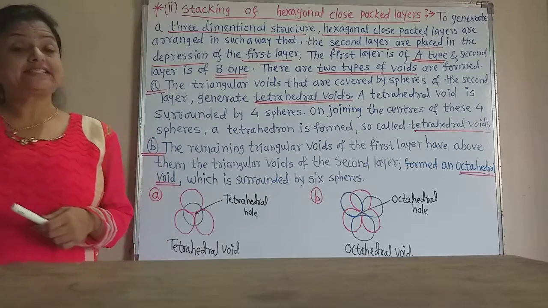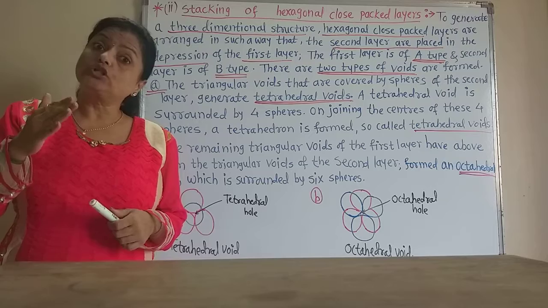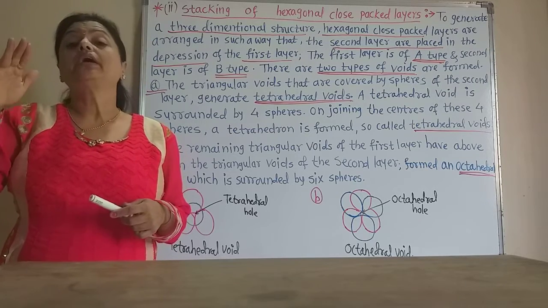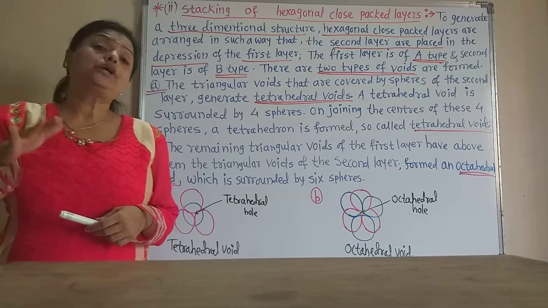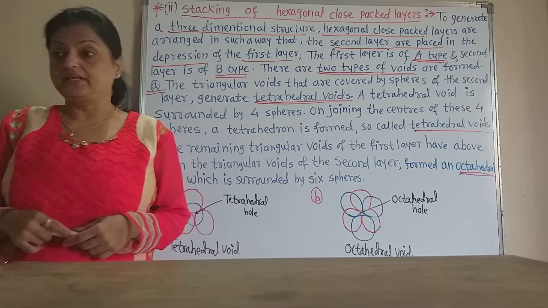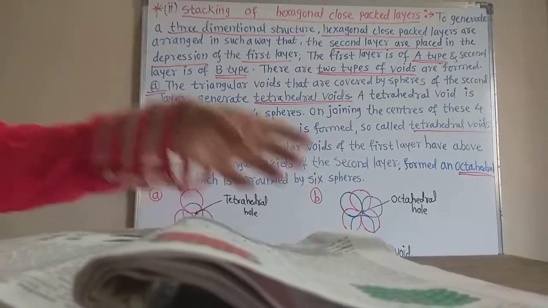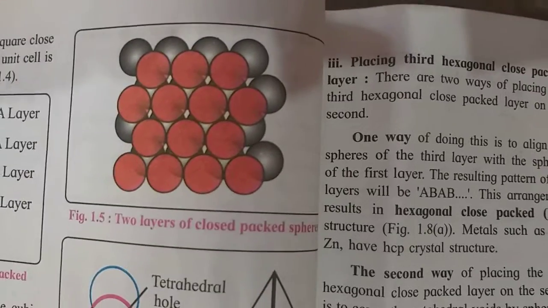Let us first see how the second layer is placed on the first layer of the hexagonal close packed and how it looks. After placing, two different voids will be formed. How are they formed? Let us see. Now see this arrangement.